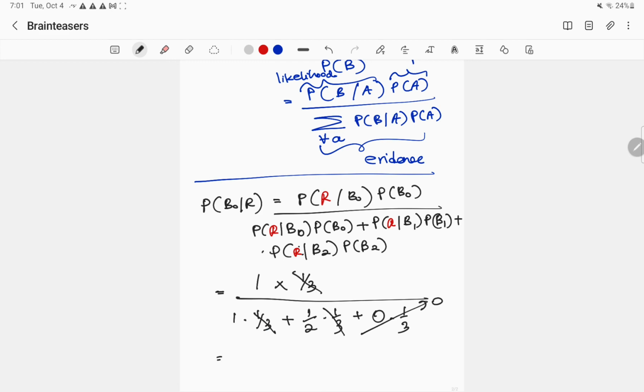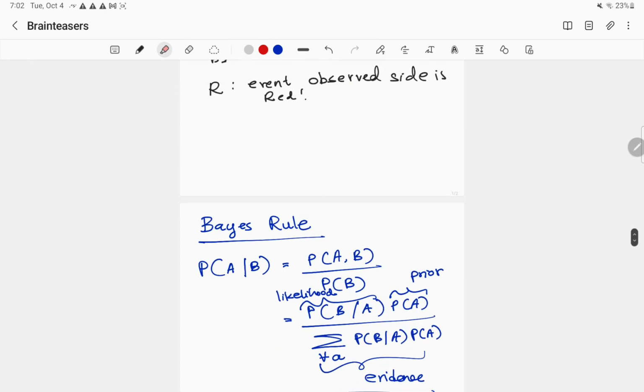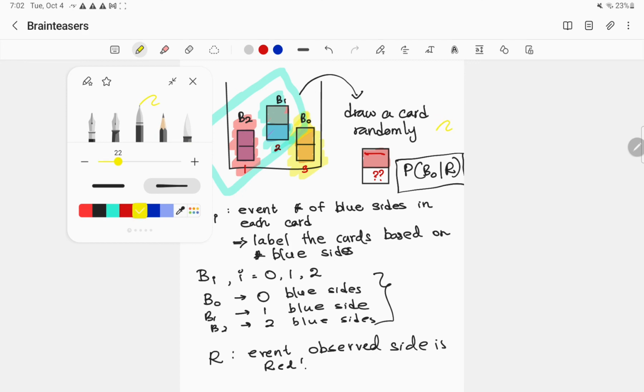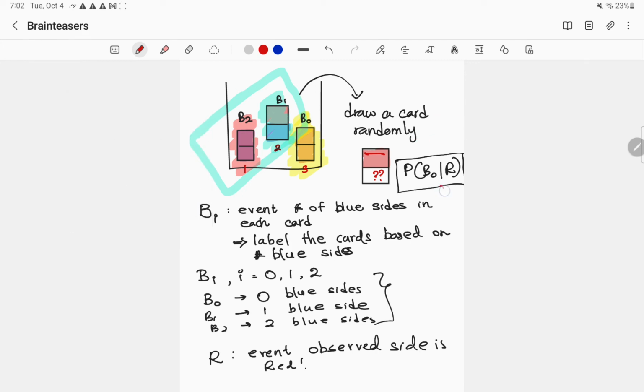Let's multiply both numerator and denominator by 2 and we end up with this value. Okay, this is our final answer. Knowing one side is red, the probability of the other side being red is 2/3.